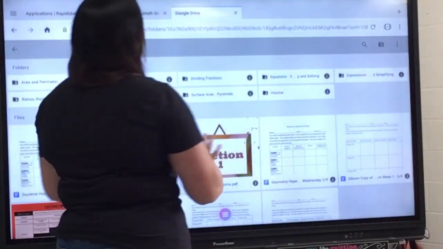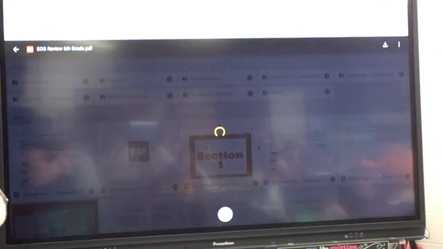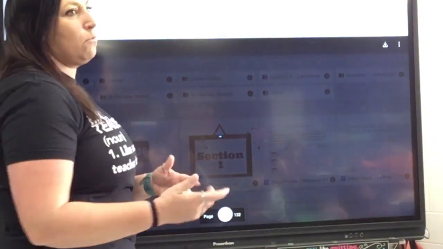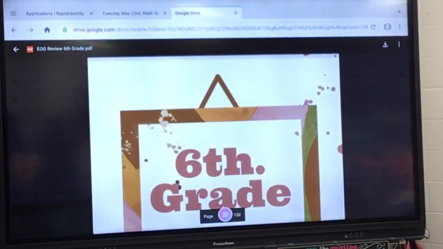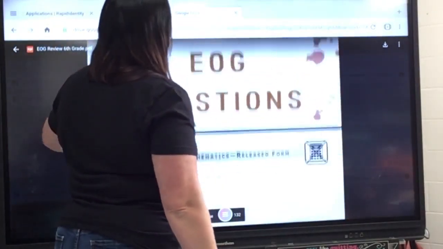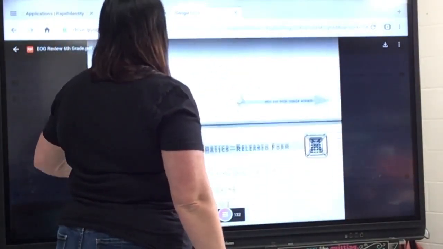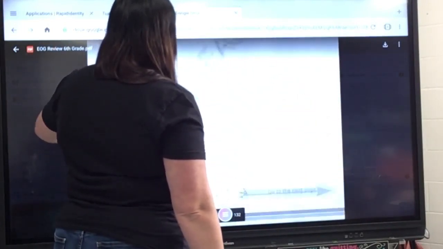Alright, so how many of you are saying this isn't an expression? You're looking at the question right now. What is this type of question that you're looking at? Number 10 is not an expression. What is number 10?